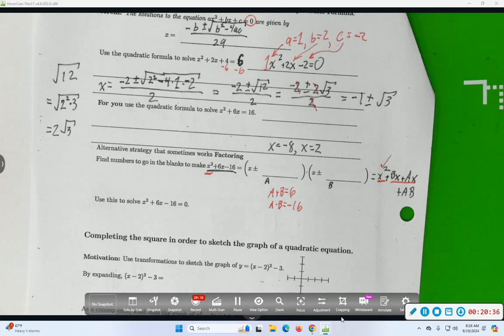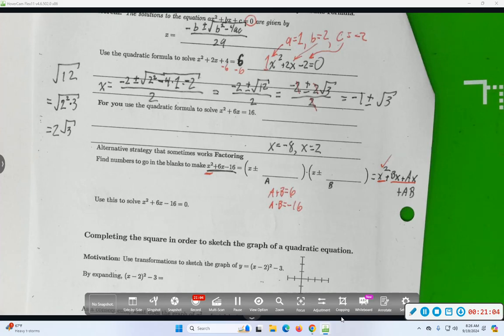So if I can find two numbers a and b that add together to be 6 and multiply together to be negative 16, then I can factor this thing. And well, there are only so many ways that 16 factors. I guess I just need to check them. So don't worry about the a plus b equals 6 part yet. Give me two numbers that multiply together to be negative 16. 2 and 8.